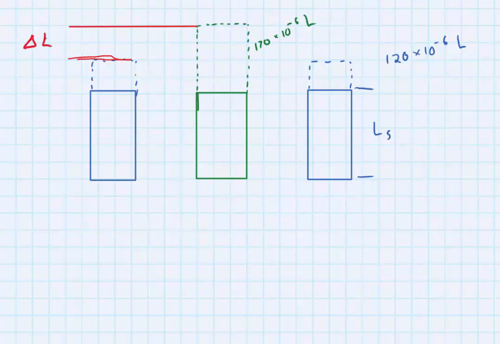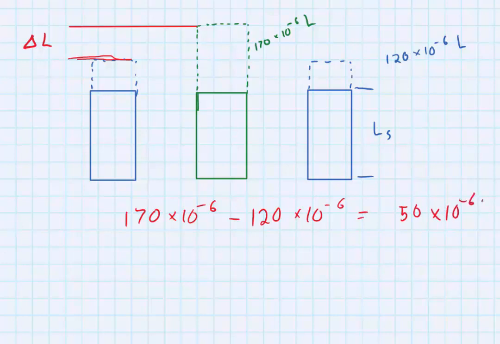And just real quick, it's simple math. It's 170 times 10 to the negative 6 minus 120 times 10 to the negative 6, and that equals 50 times 10 to the negative 6 multiplied by L, right? So this delta L here, the little red one I drew, this distance here, is that.